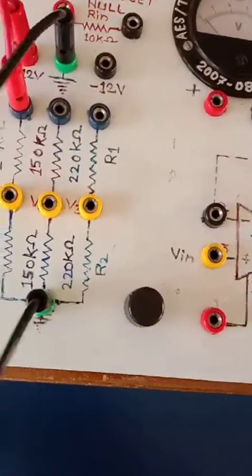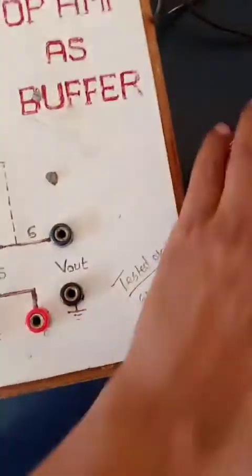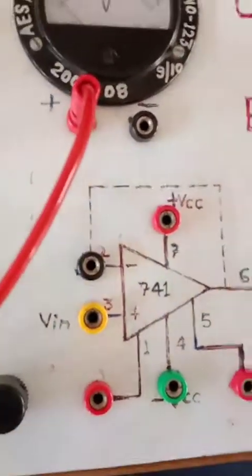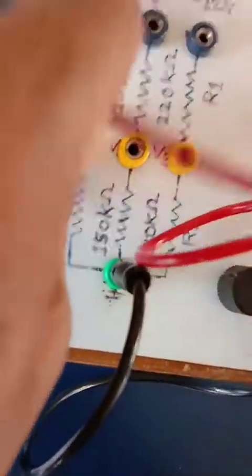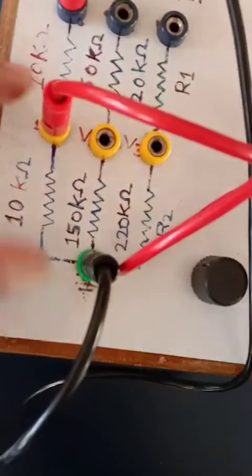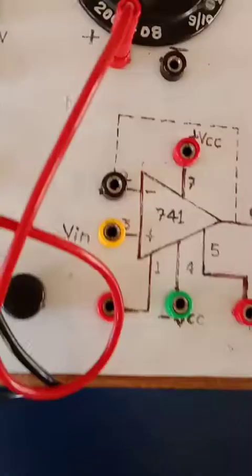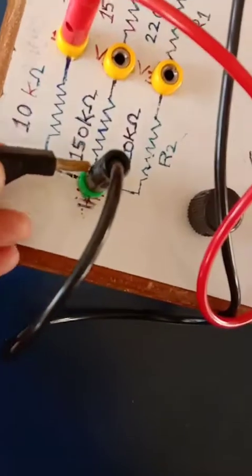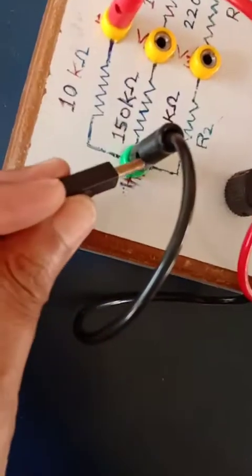Then I will connect the positive of this analog voltmeter across R2, here this is R1, this is R2, and the negative terminal of the voltmeter to the ground terminal.